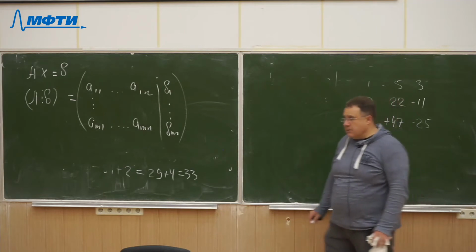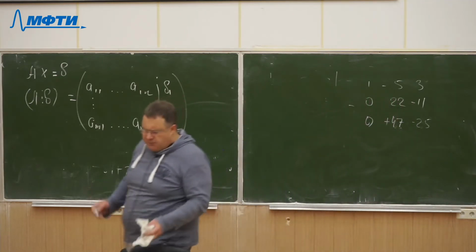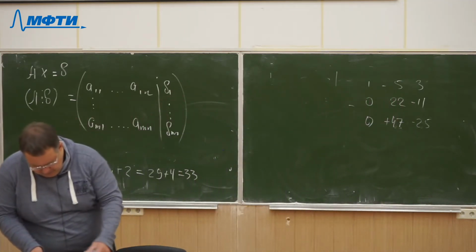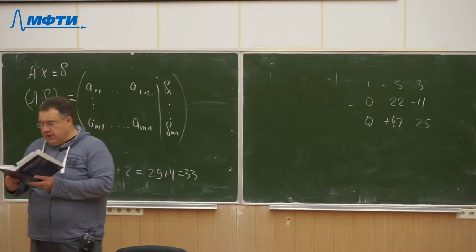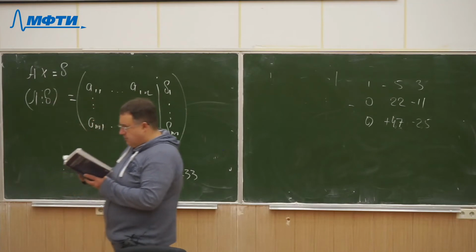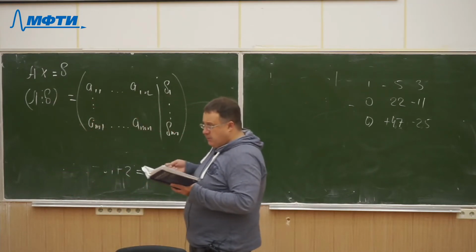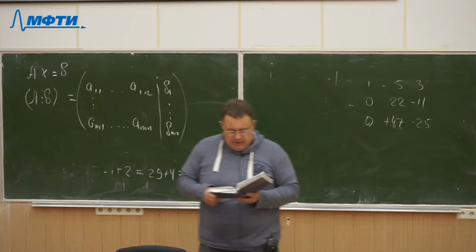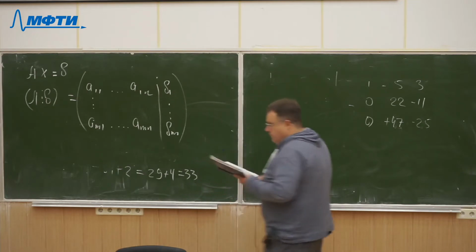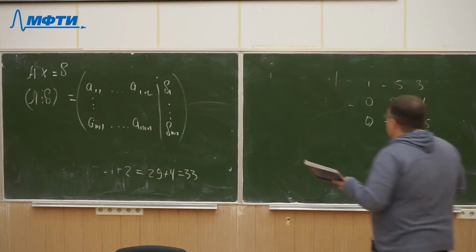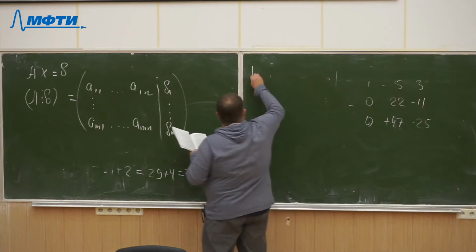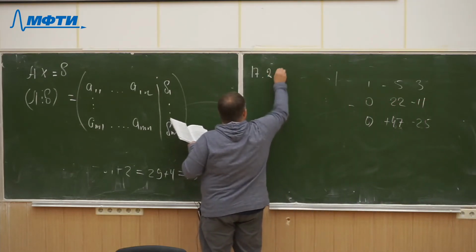And the task is the following: to write the system of linear equations which corresponds to the extended matrix of the system. It's task number 70.2.4 from this book. 70.4.